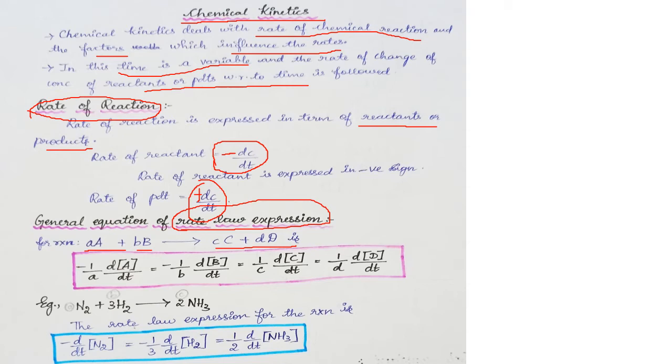We are including a negative sign for the reactant side, and for products we write 1/c dC/dt and 1/d dD/dt. For products we don't put a negative sign, it is generally represented by a positive sign.